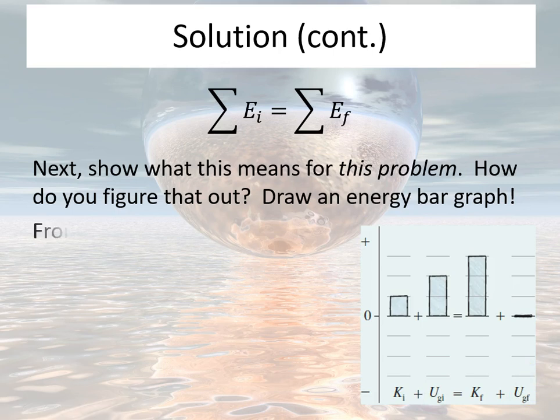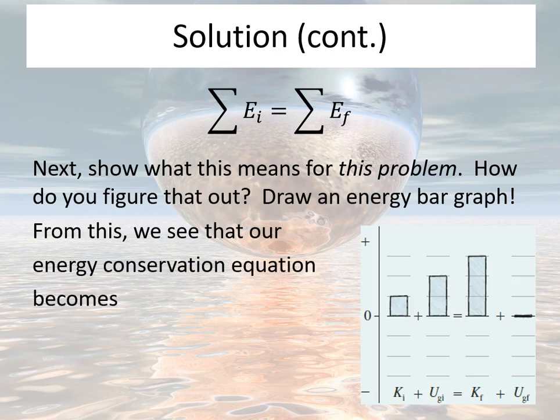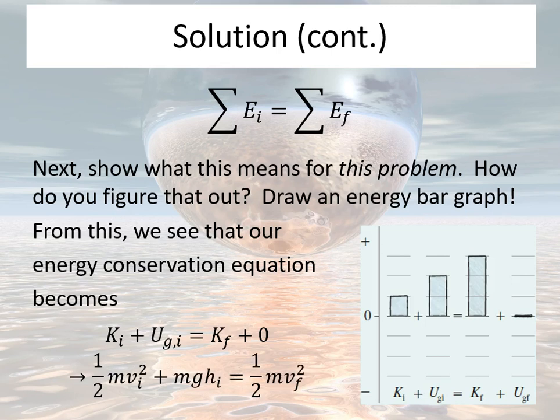So now let's see what this turns into. We have our sum of initial energy becomes kinetic initial plus gravitational potential initially. And our sum of final energy, well, there's only kinetic energy at the end, so that's just K sub F. The potential energy due to gravity at the end is 0. So we could have just crossed that out, but we decided to call it a 0. So what's left?